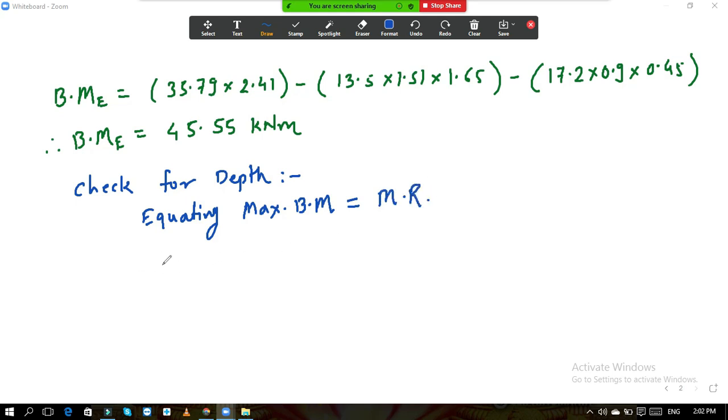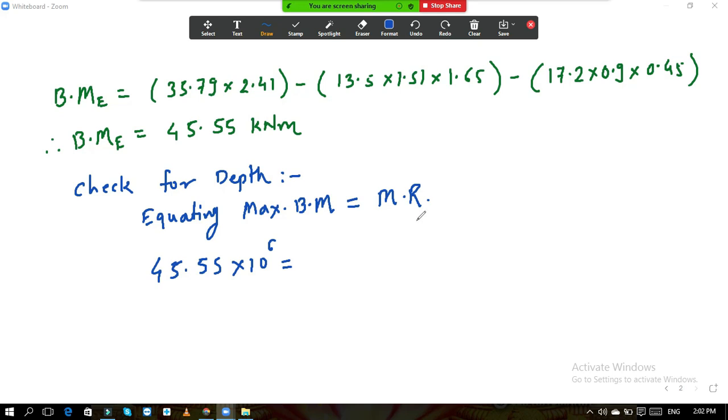The previous bending moment for AB and CD was 38 or something, near about 39. This bending moment is 45.55. So we will take this 45.55 into 10 to the power 6, which is equal to MR.